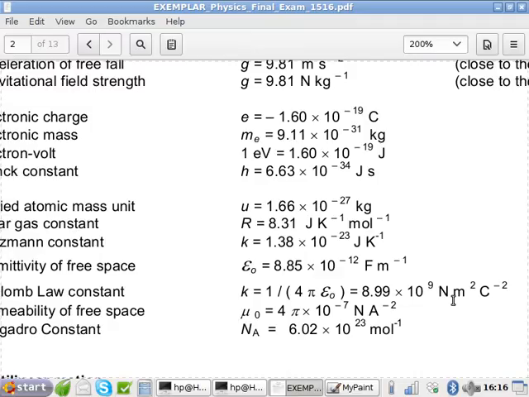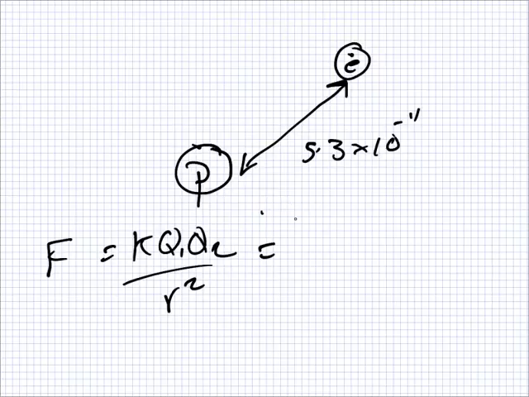So the answer I got when I put in my numbers is 8.22 times 10 to the minus 8 newtons.